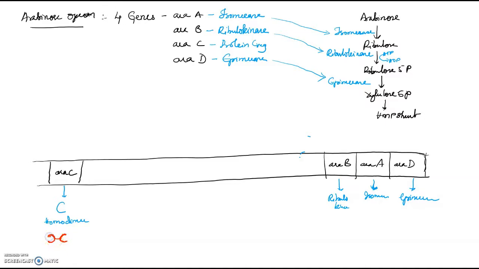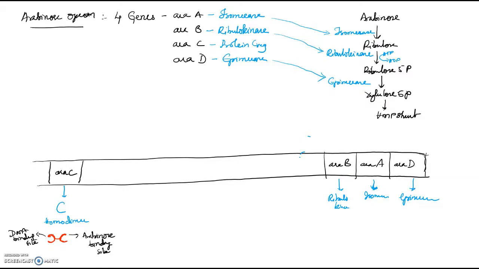Homodimer. Now one end of this C protein is an arabinose binding site, and the other one is the DNA binding site. That is the structure of the C protein.